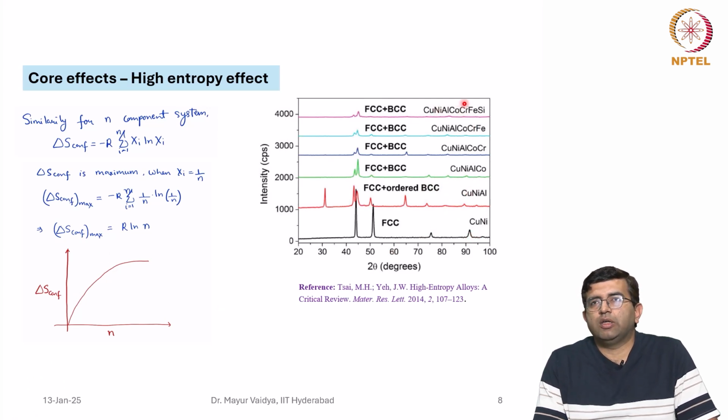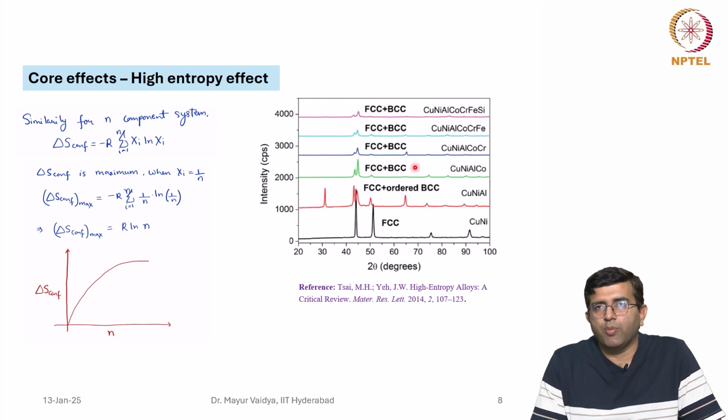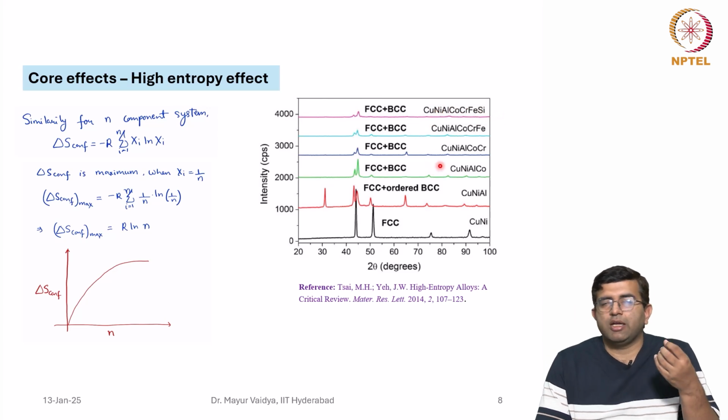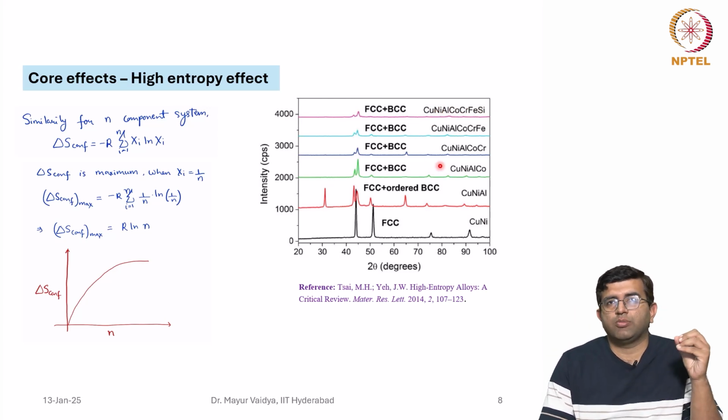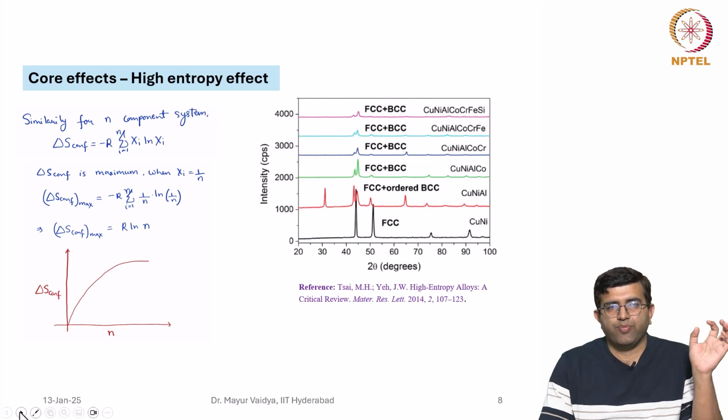As you have high entropy alloys with 5 elements, 6 elements, still you have only simple solid solution structures formed. Even with 7 elements here, you do not get intermetallics or a large number of phases, but you get only 2 solid solution phases.